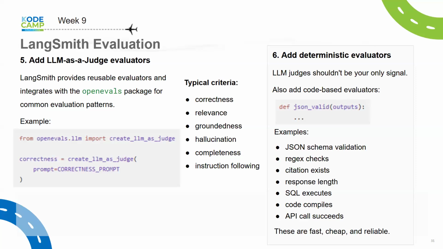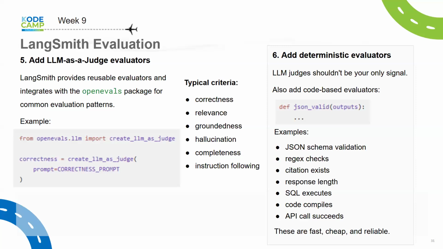And that's it. So it actually helps because then you are able to check things like the JSON schema. You can check regular expressions. You can check for whether a citation exists, especially if you are asking for a specific structure, right? You can also check that. You can check for response length. You can check, if you asked it to generate SQL, if the SQL was correctly generated.